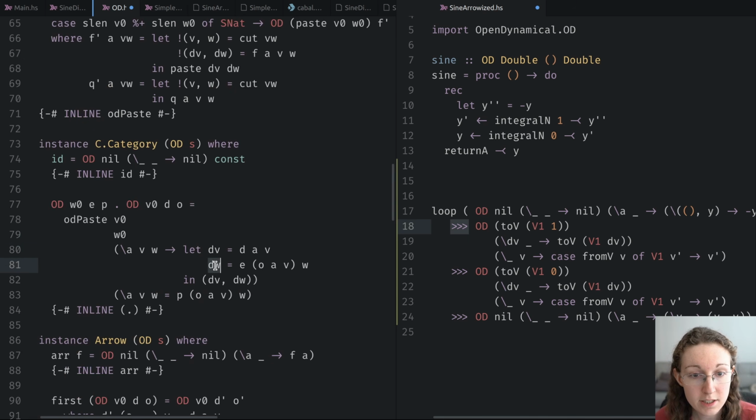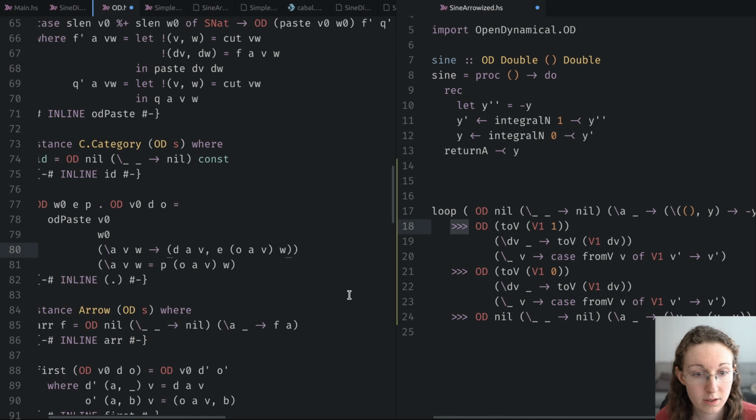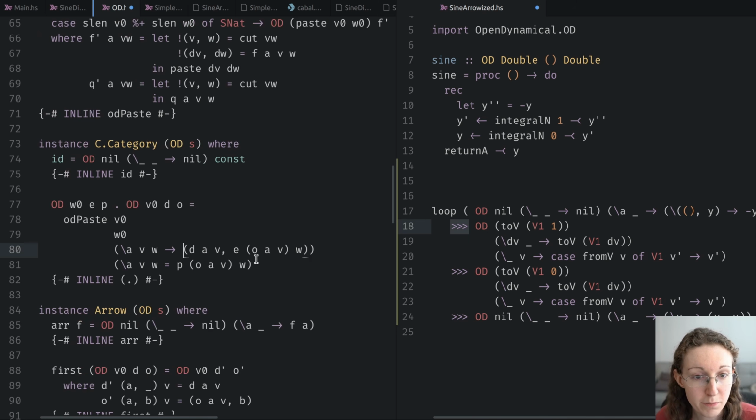So we have dv and dw, and we can just put this in here and this in here. There we go. And so this is maybe not as easy to read for a human, but it will make the amount of substitution that we have to do significantly simpler.